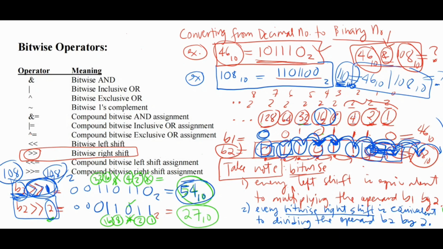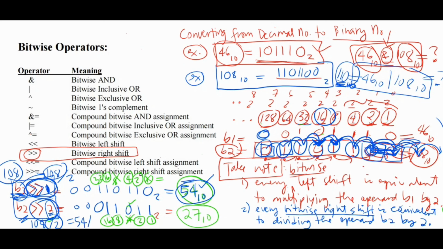So from 108, the operand, divided by 2, the resulting value is 54. And since we perform bitwise right shift twice here, it is equal to dividing the operand B2, which is 108, by 2 two times. The first divide by 2 is for the first right shift, and take note, this is equal to 54.